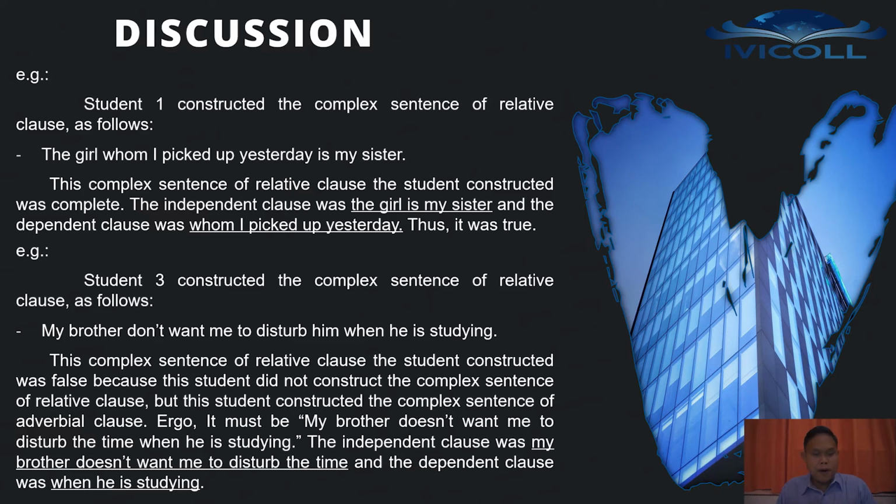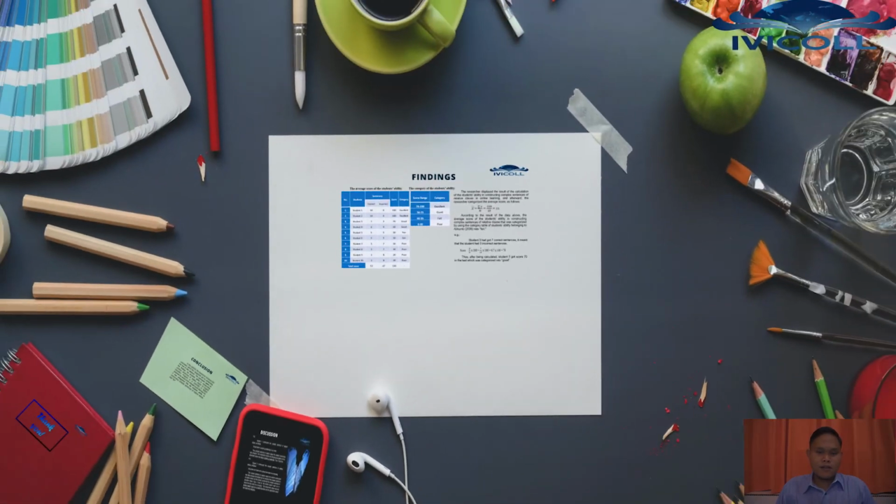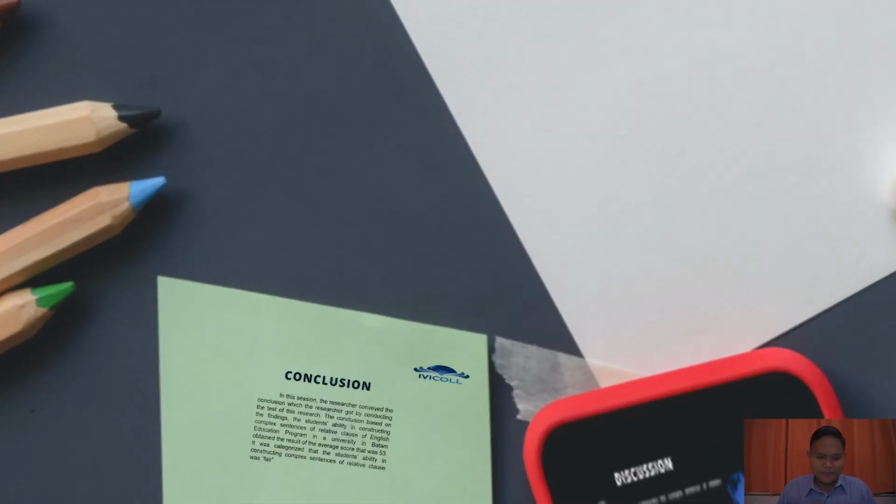It must be: my brother doesn't want me to disturb him the time when he is studying. The independent clause was my brother doesn't want me to disturb him, and the dependent clause was when he's studying. So, well, ladies and gentlemen, let's move on to the last one.